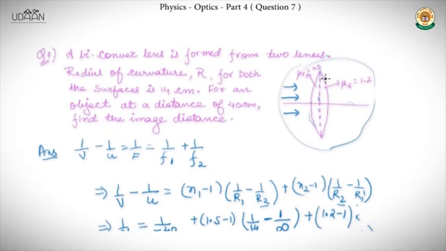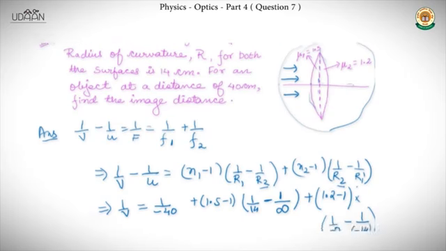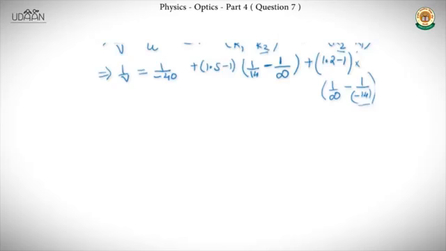In this case, the center of curvature is in the opposite direction of the direction of the incident light, so the radius of curvature is negative. Now we just need to solve this, and we will get v is equal to plus 40 centimeters.